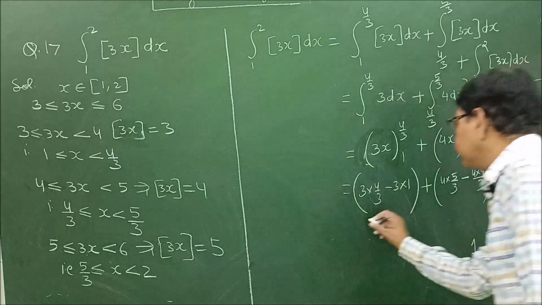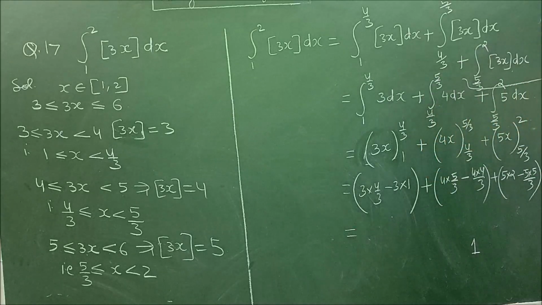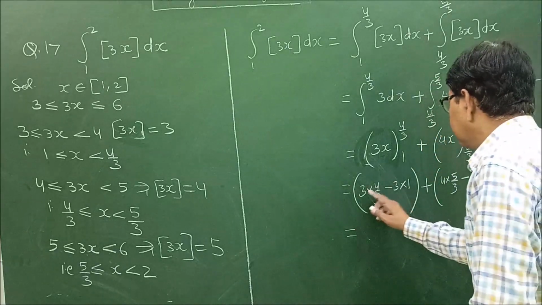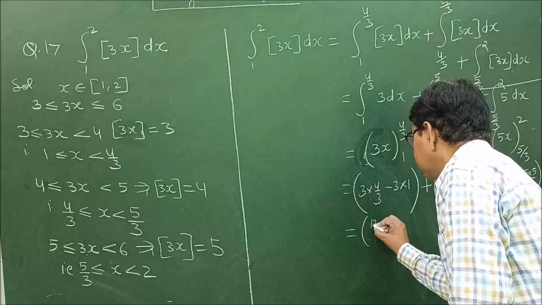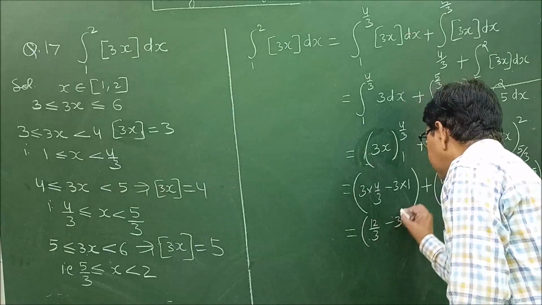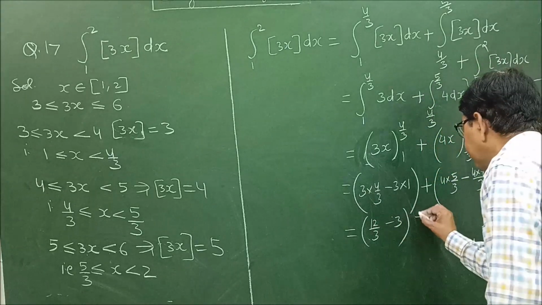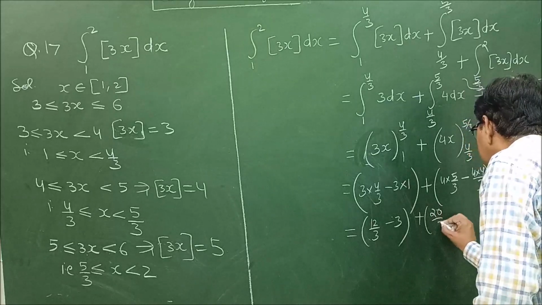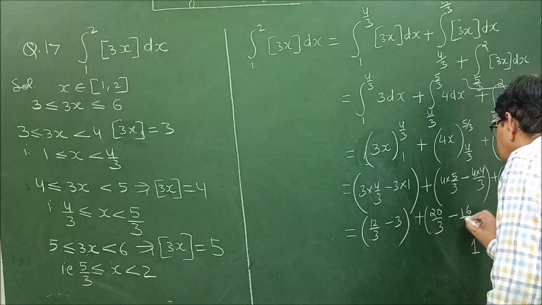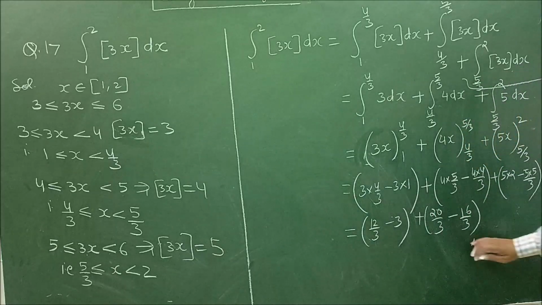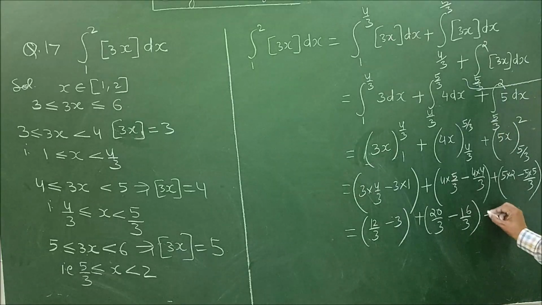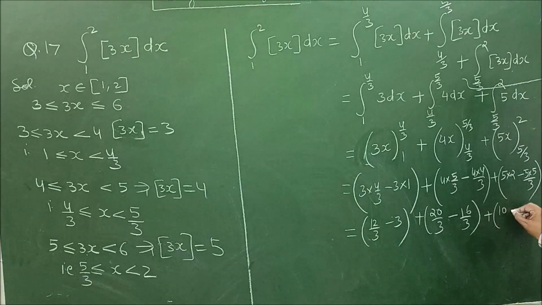This is equal to 12 upon 3 minus 3 plus 20 upon 3 minus 16 upon 3 plus 10 minus 25 upon 3.